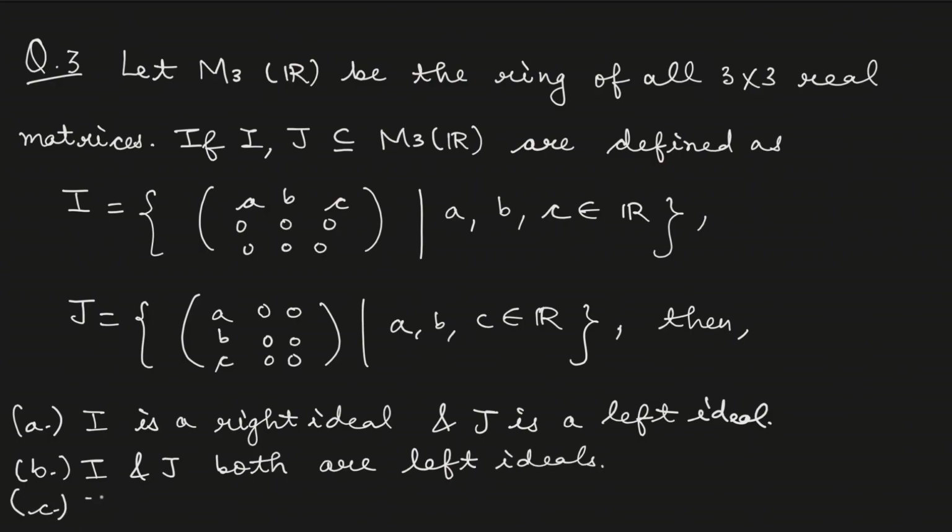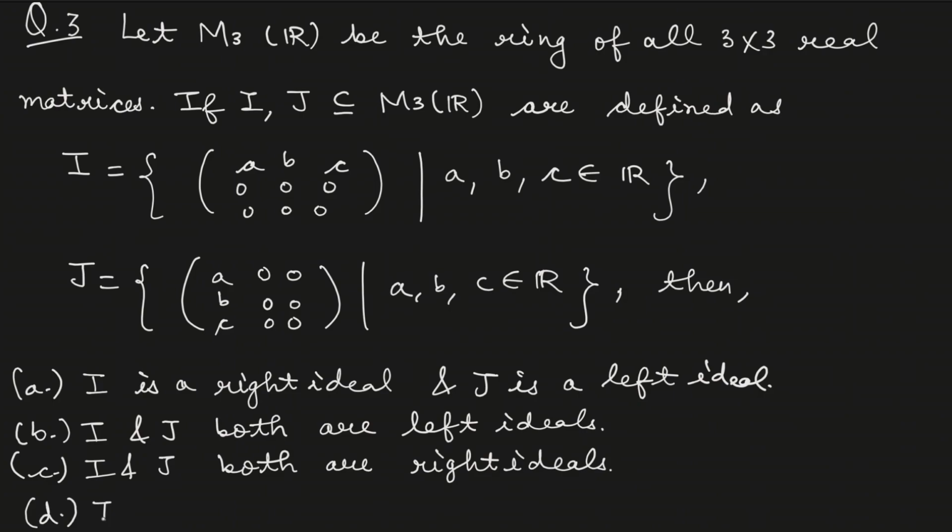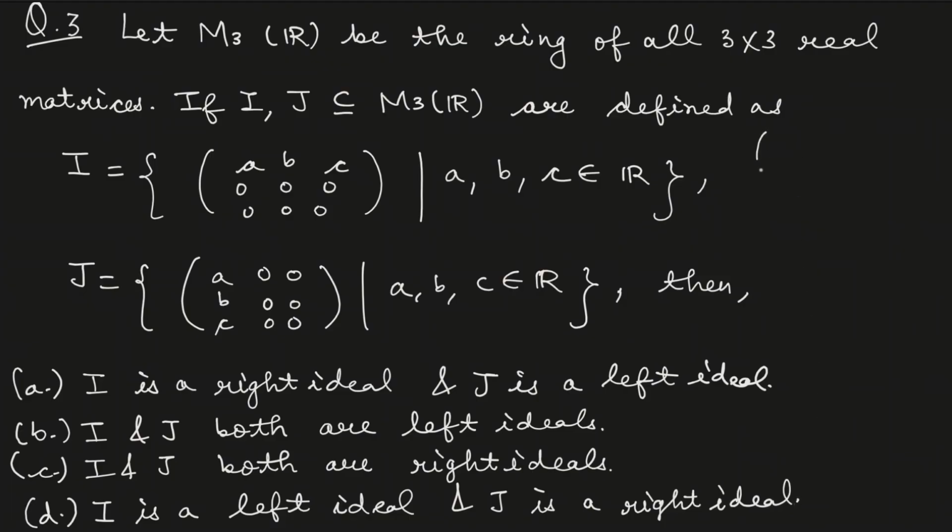C part: I and J both are right ideals. D part: I is a left ideal and J is a right ideal. Try this.